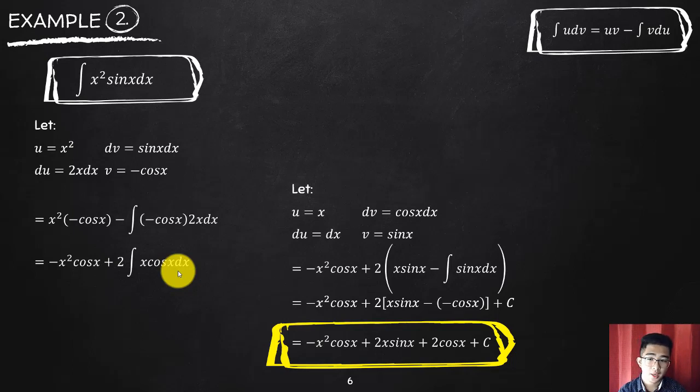But sir, you told us a while ago that if choosing u and dv gave you a more complicated integral, then your answer is probably wrong. Well, that's true, but this is not a complicated integral, correct? In example number 1, the degree of the algebraic function went up. Therefore, it's not close to disappearing.